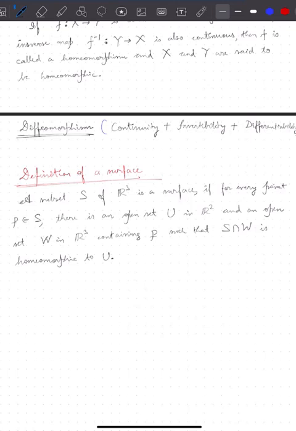So this is the main definition of the subset S.